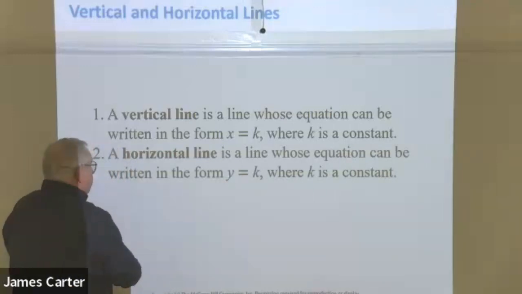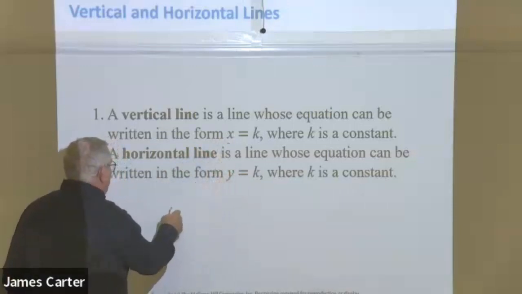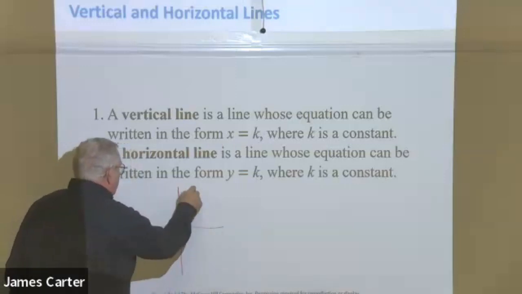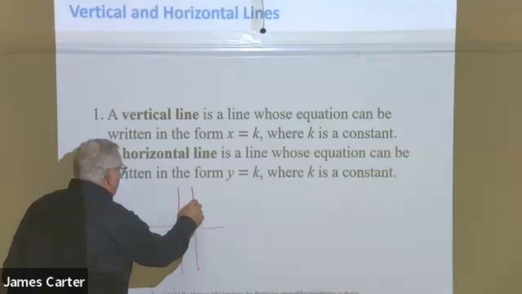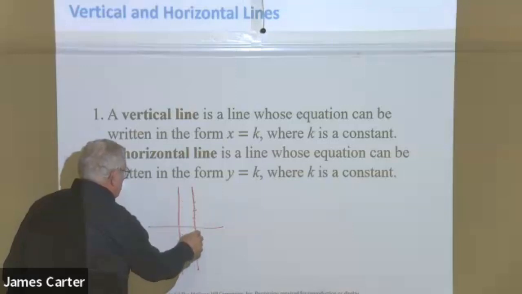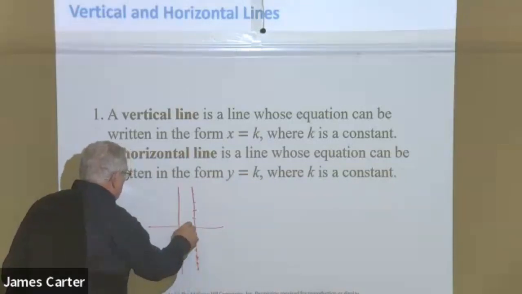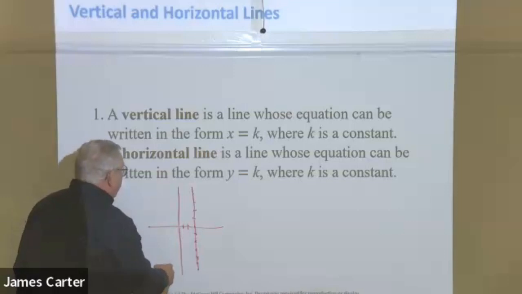Now, the reason for that simplistic equation: if you have graph paper and a vertical line, what you see on that vertical line is a series of y values and a series of x values. In this particular case, my x value is 3.